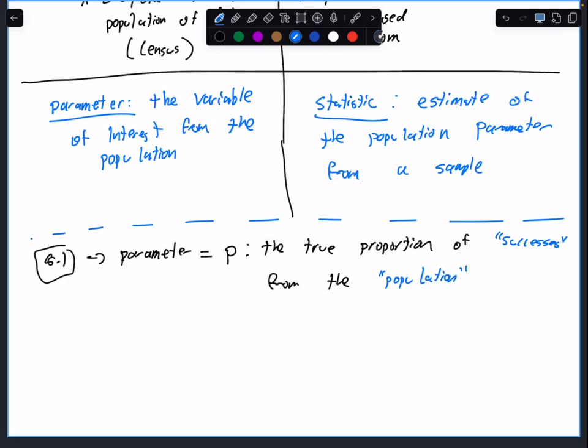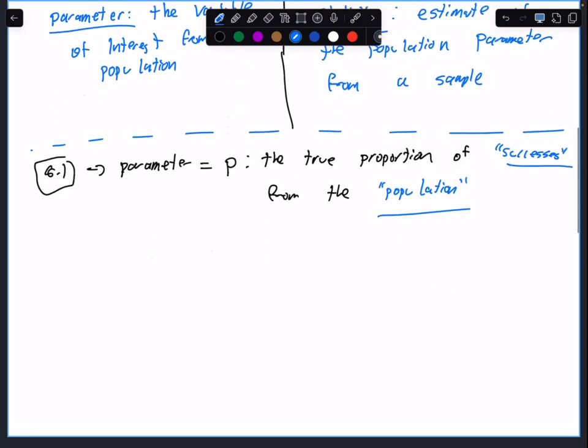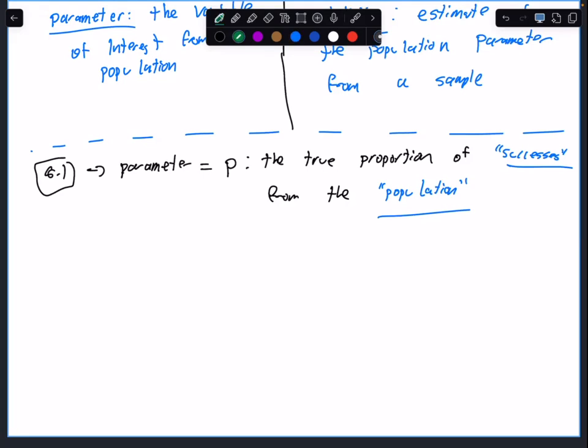I put those in quotation marks because the context is what's going to change. What we're trying to study is proportion. And remember, a proportion is, in other words, like a percentage. So when you hear proportion, you should think percentage.